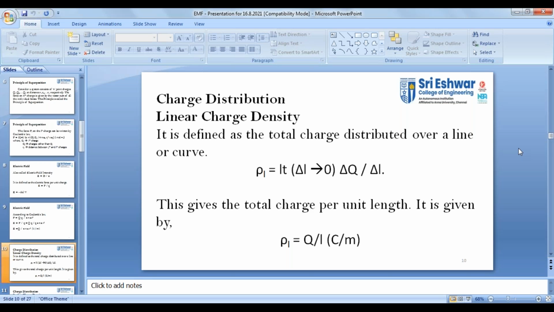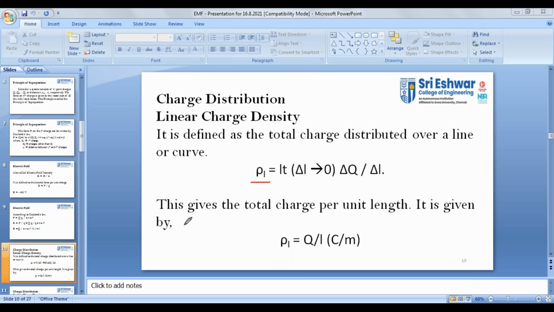Linear charge density is expressed as rho suffix L. Rho L is equal to limit del L tends to 0, del Q by del L. Charge per unit length, that's all.